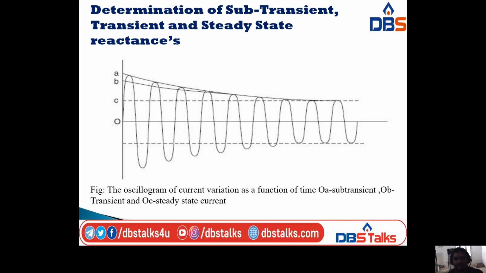Firstly, we will see the oscillogram variation as a function of time. Here I am taking the x-axis and y-axis. On the x-axis I am taking time, and on the y-axis I am taking current. Here I am providing four points: O, the origin point, and A, B, and C. By using these points, we have to find the sub-transient, transient, and steady-state current. I have drawn a sine wave.